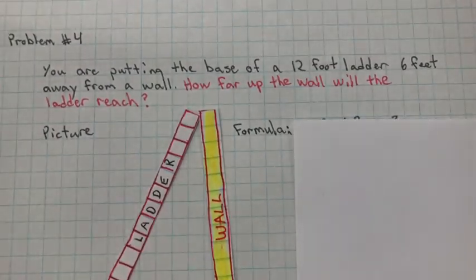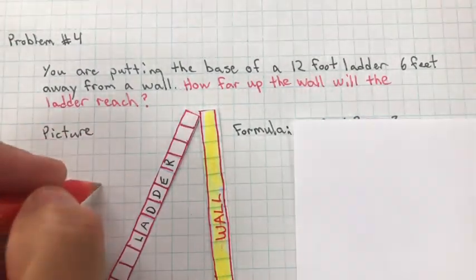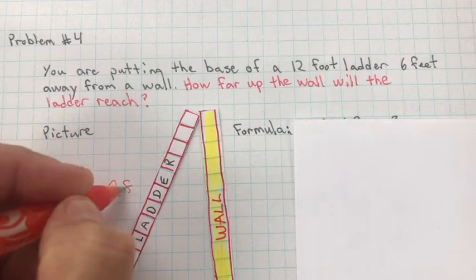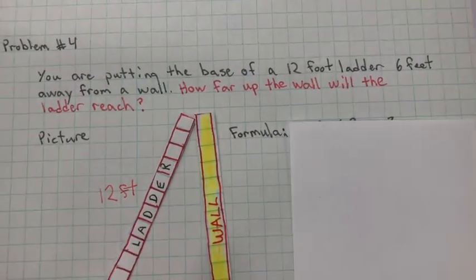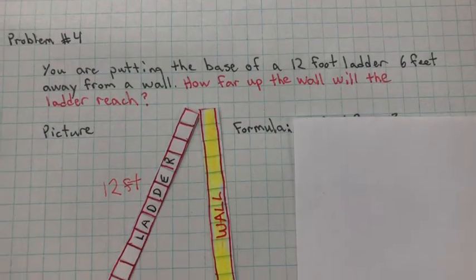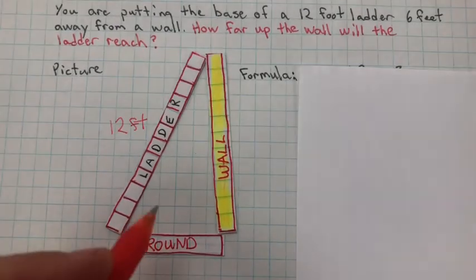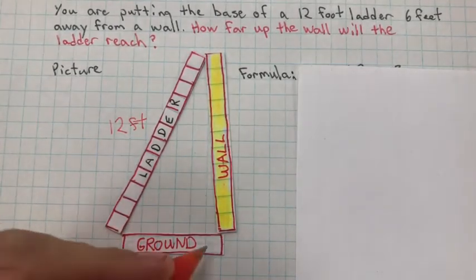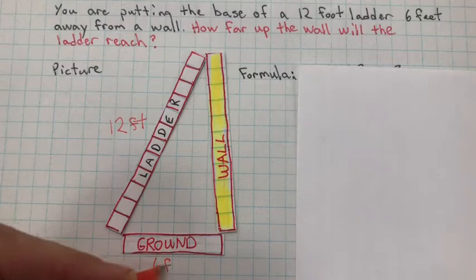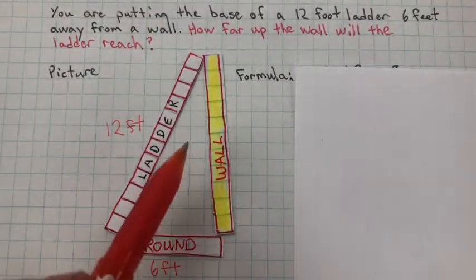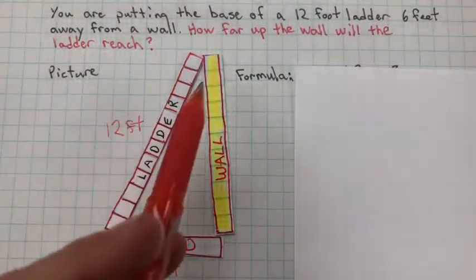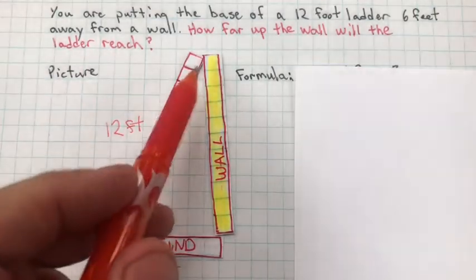So we have a 12-foot ladder, and it's 6 feet away. So it's 6 feet away from the wall, and we need to find out, well, how far up the wall will the ladder reach?